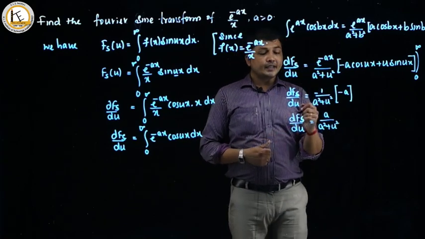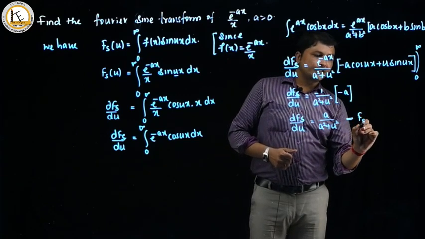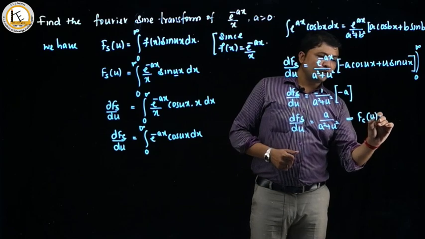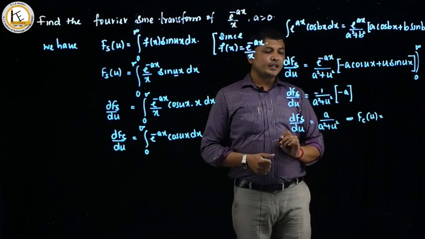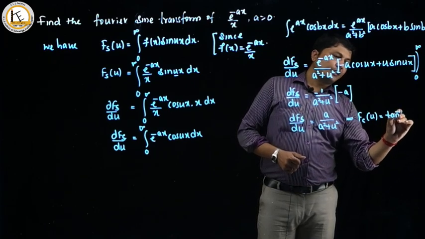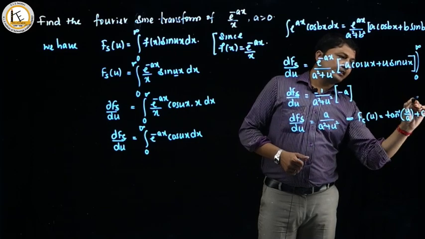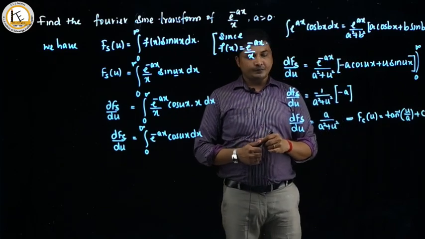Integrating with respect to u, we have Fs of u equal to the integral of a divided by a square plus u square, which is tan inverse of u by a plus some constant c.